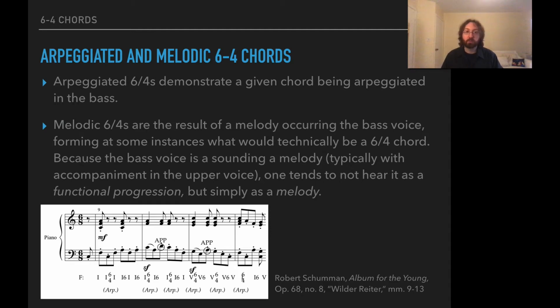Pardon my wrong notes there at the end. But basically we just have those appearances of the 6/4 chord acting either as arpeggiations, or if we wanted to think of them as melodic 6/4s, that's perfectly fine too.